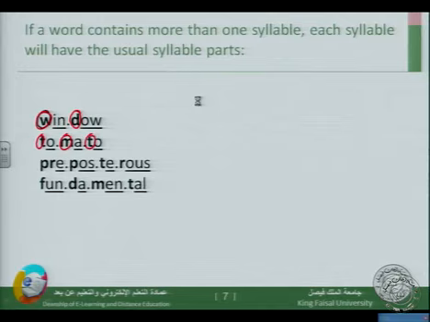How many syllables? Three. It has three onsets, three consonants. Preposterous. Notice: one, two, three, four. This word consists of four syllables and it has four onsets: P, T, and R. Okay, fundamental.